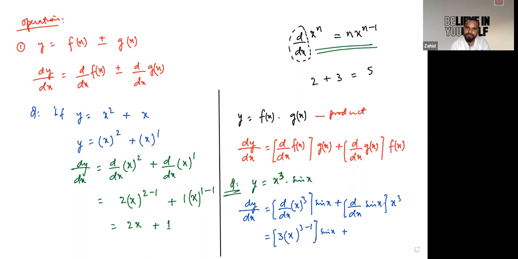Plus differentiation of sine x gives you cos x. It's just a formula. And keep this outside term as it is. So just simplify it. You'll get 3 times x squared times sine x plus x cubed times cos x. So this will be the final result.